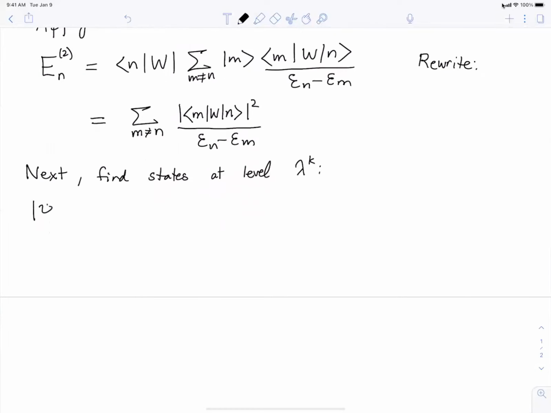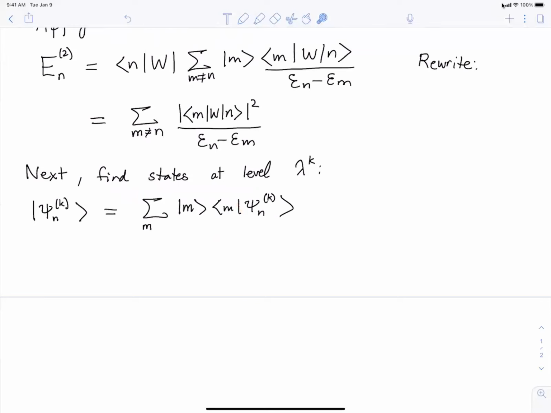That means we're going to try to write our state psi n^k as a linear combination of some basis elements, and the basis elements we're going to pick are the unperturbed states. So we're going to be summing over all m. And the coefficients will look like this, and that's by completeness.